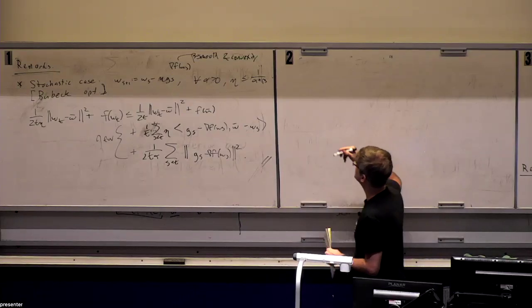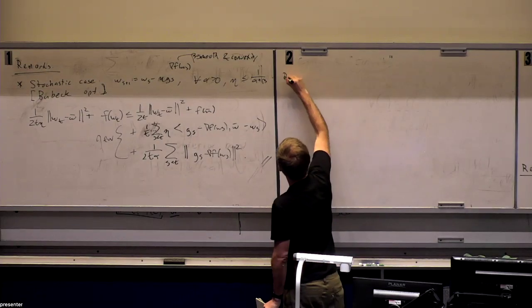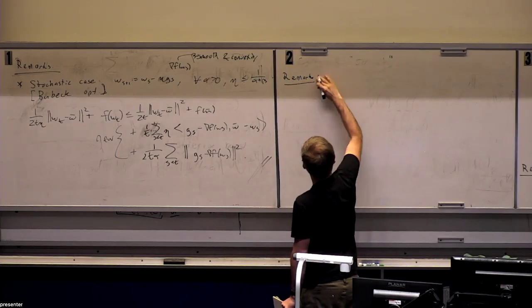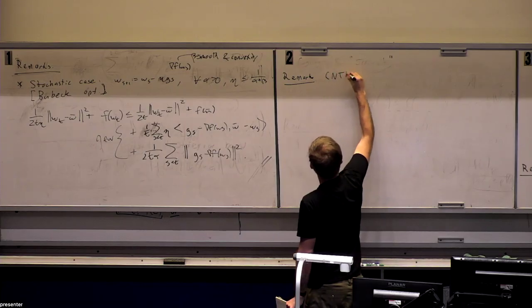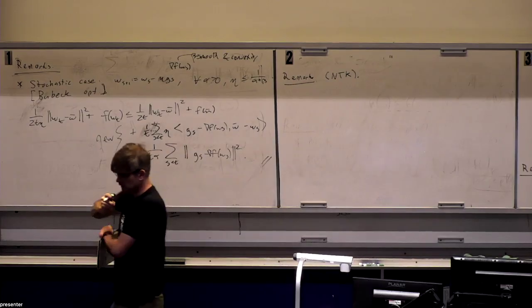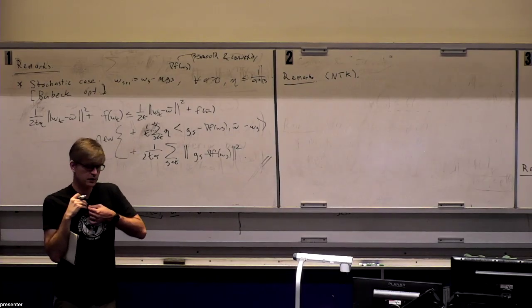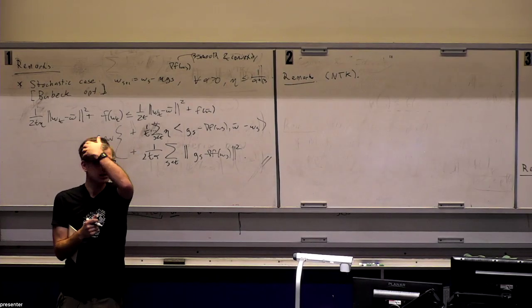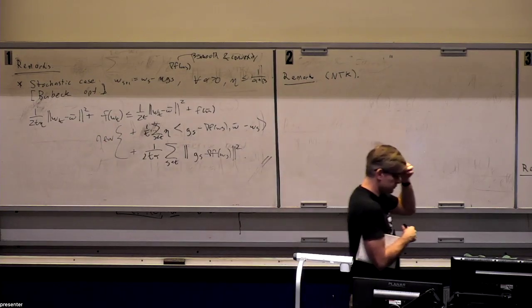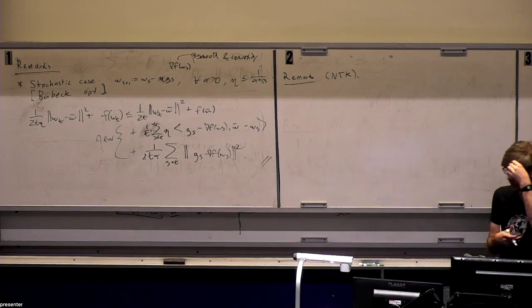Okay, let me tell you another remark, which is about the NTK. In deep learning theory, we only really developed one general tool, which was able to get us very general and short.